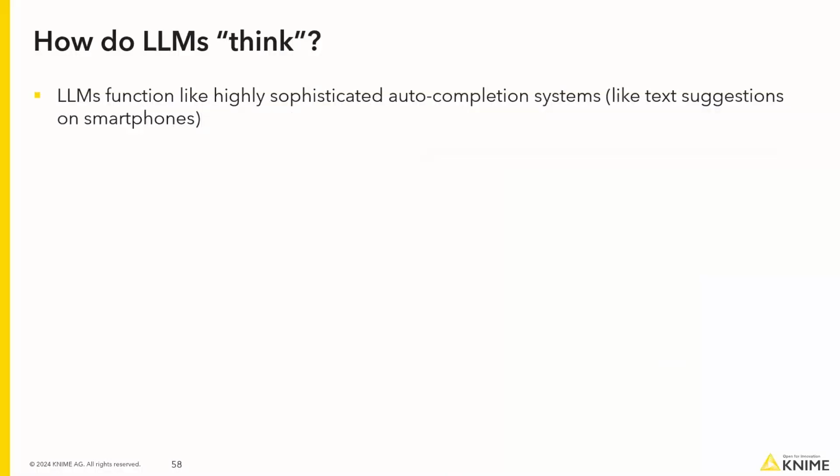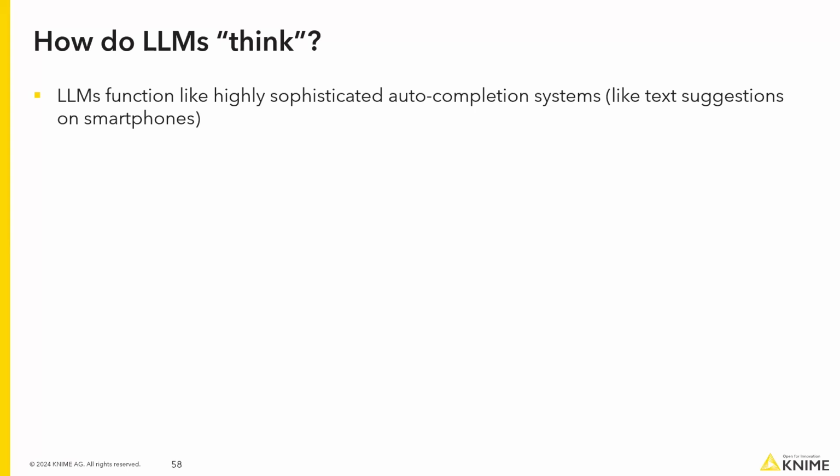But how do LLMs think? If you had to explain in a very simple way how LLMs think, you can think of it as a highly sophisticated auto-completion system, a little bit like what you have on your phone when you're typing a message and your phone is able to predict the most likely word that comes next.